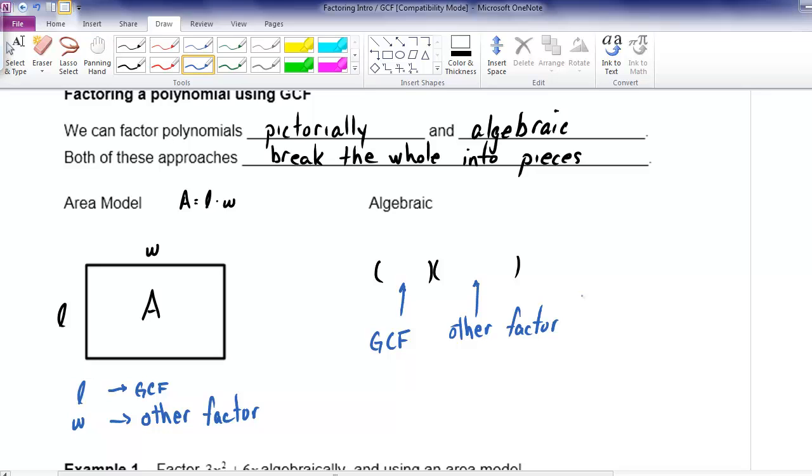We are making brackets, not getting rid of brackets. And again, either way you do it, this other factor cannot be reduced, cannot be factored anymore. We might think of it as being prime. Now, factors aren't prime, numbers are prime, but it's a nice way of thinking about it.